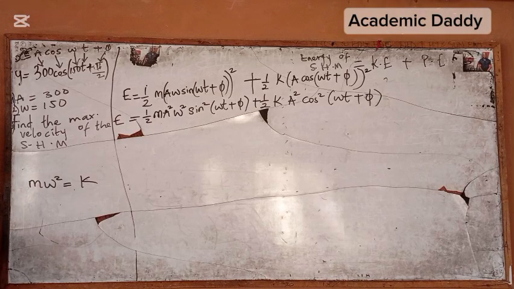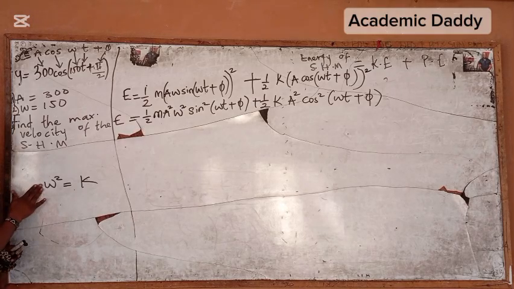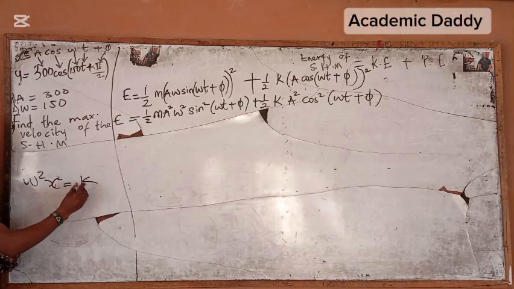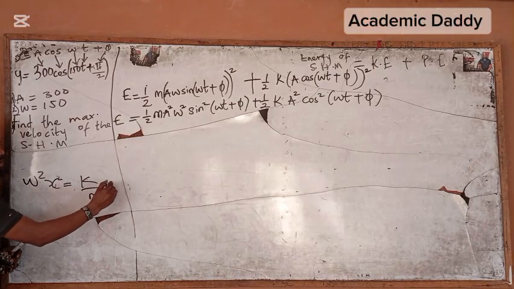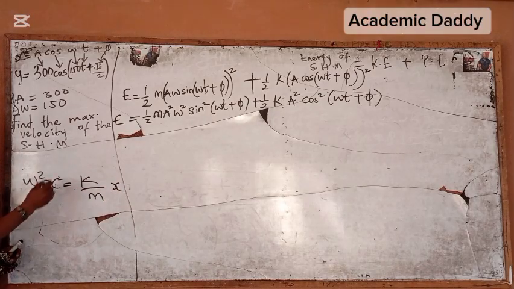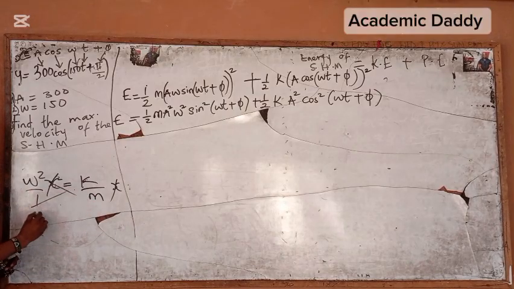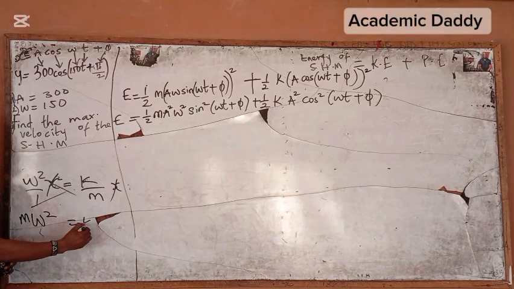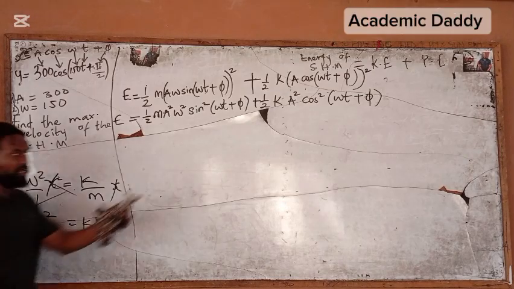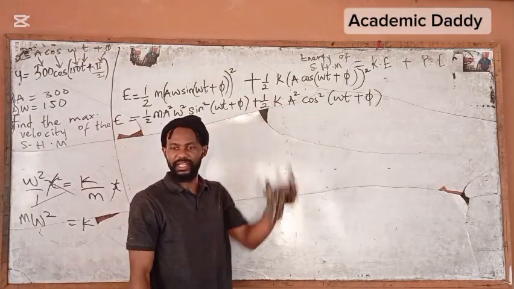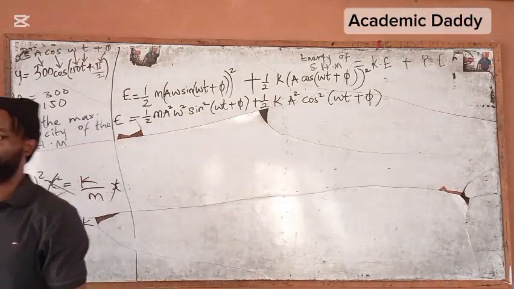When we compared W squared x and K over m x, we cancel this. We said that this m can come over here, over 1, cross multiply. We have W squared m, or mW squared, is equal to K. Anywhere I see K here, I can replace it with mW squared.